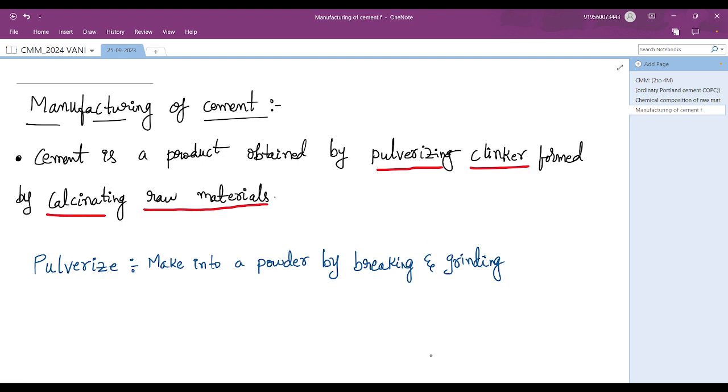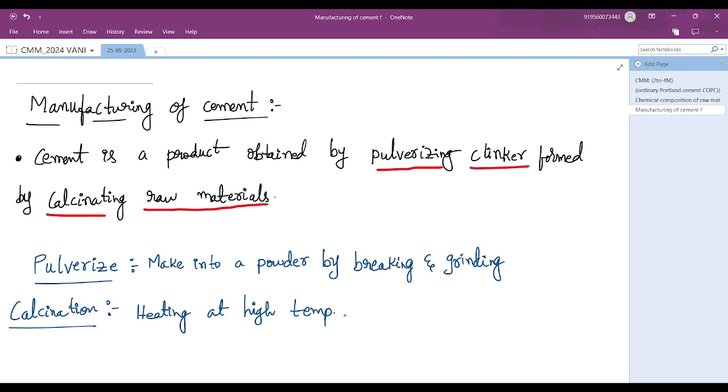Now what is clinker? Before that, let me write what is meant by calcination. Calcination is heating at high temperature, that is up to 1400 to 1600 degrees centigrade.